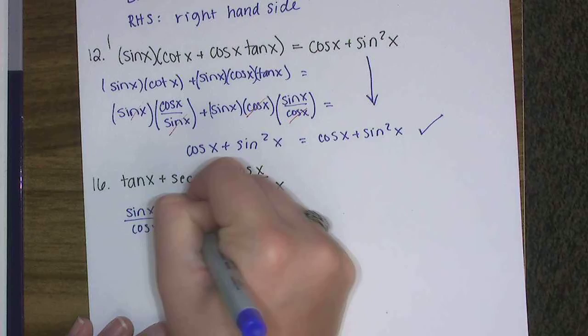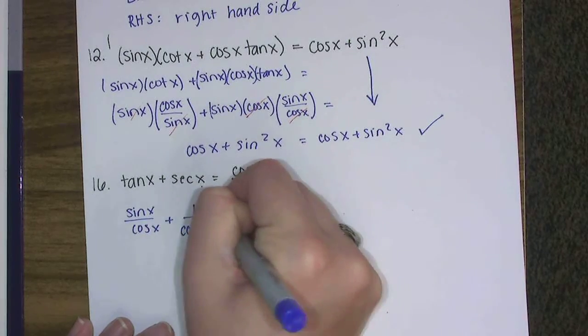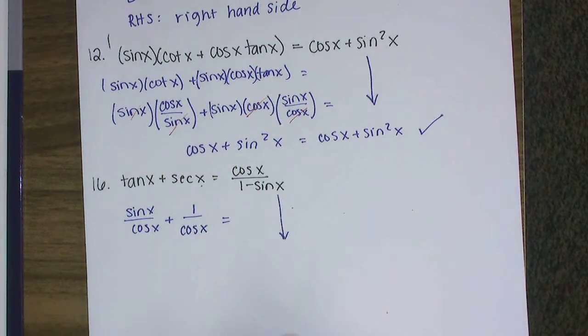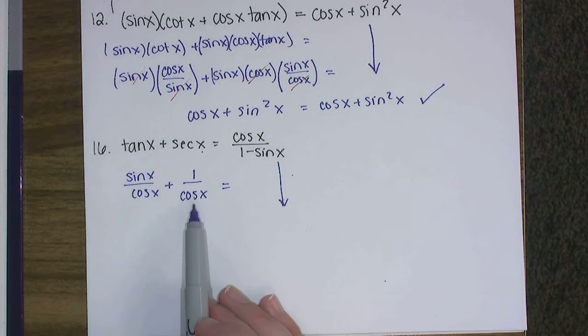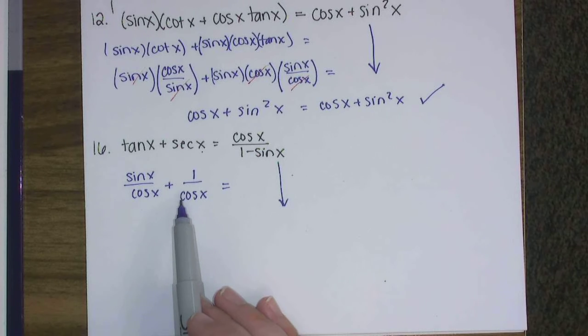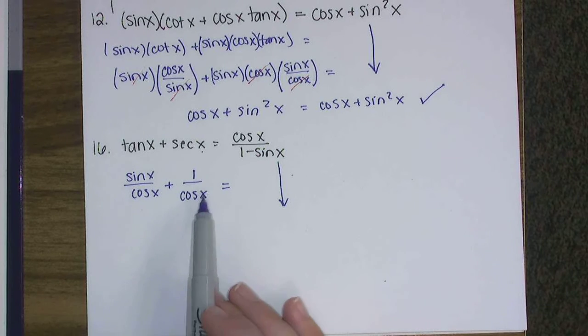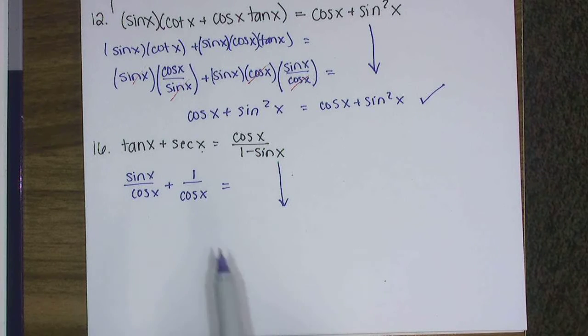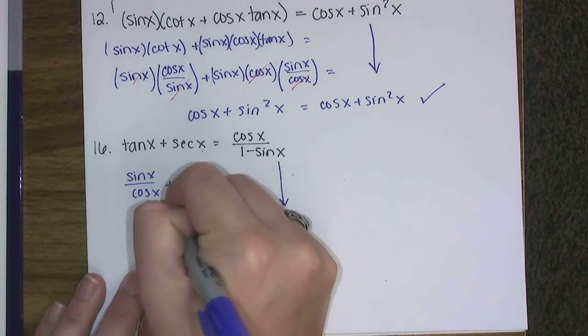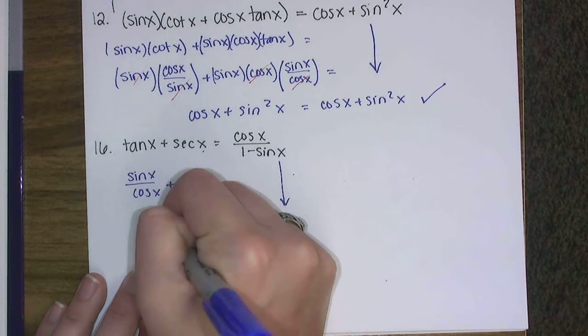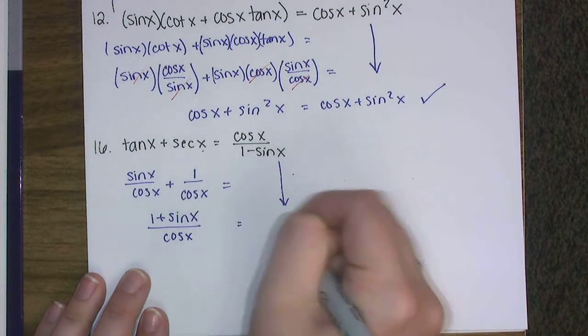So this is 1 over cosine of x is equal to what I'm bringing down. Now, this gives me a common denominator, so I can write it all as one fraction. And I'm going to flip it and write it as 1 plus sine of x just for the sake of the rest of the problem, because it really doesn't matter since they're being added. So 1 plus sine of x over cosine of x is equal to all that stuff.